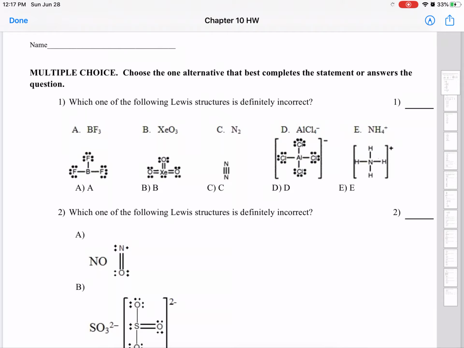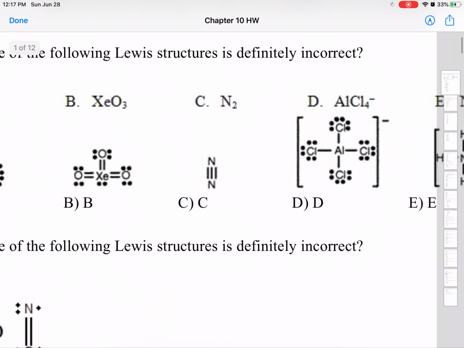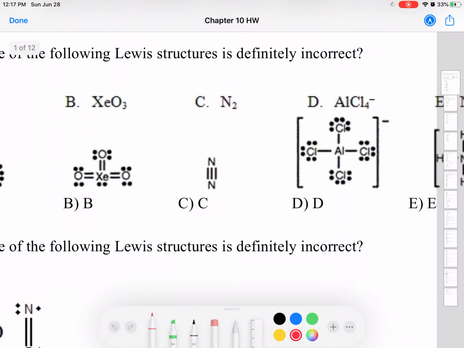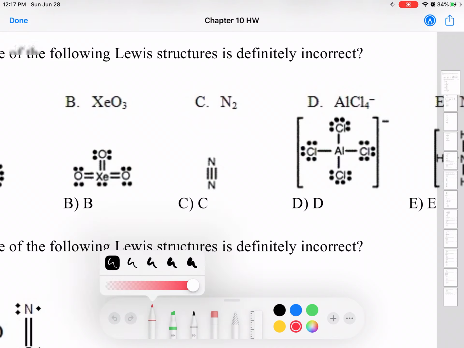And then you go to the nitrogen molecule. Here each nitrogen has only 6 shared electrons, so each nitrogen is missing a lone pair. Each nitrogen needs to have a lone pair like that.